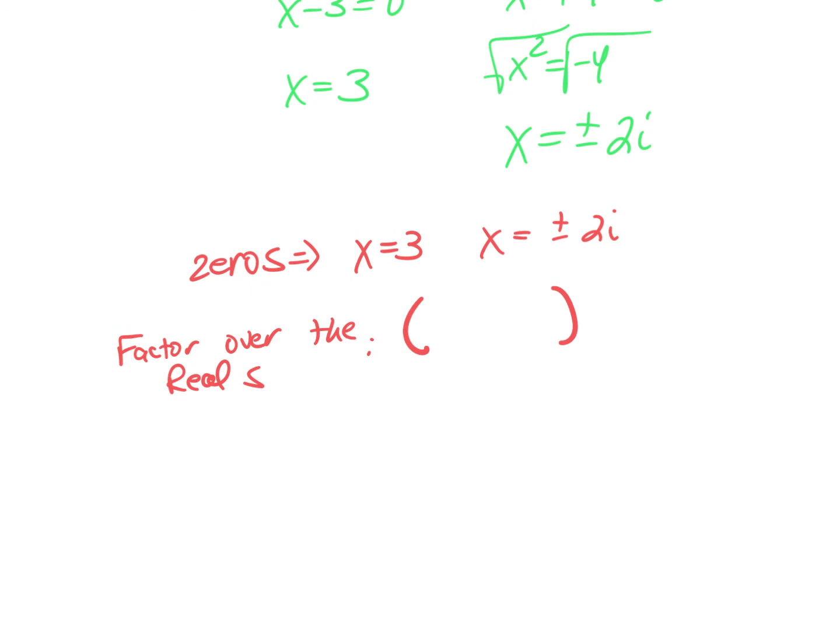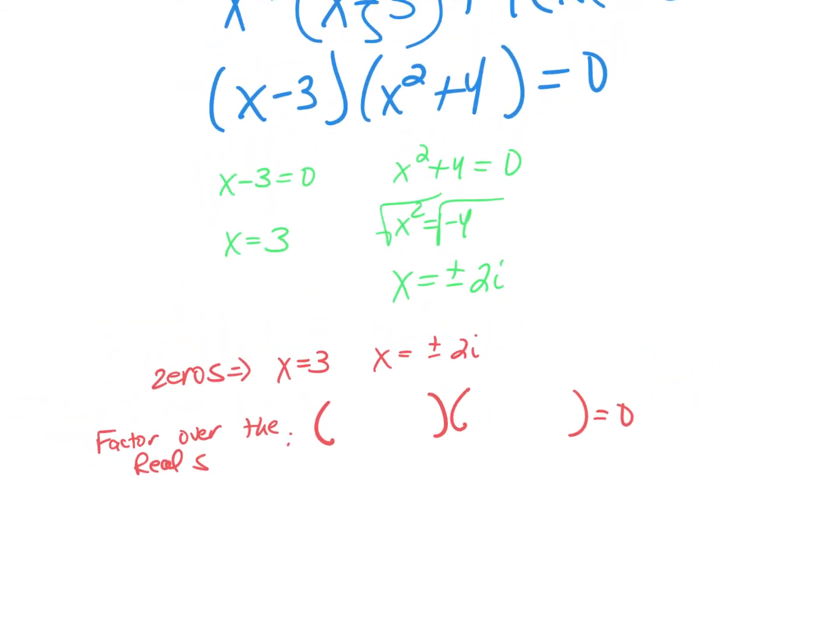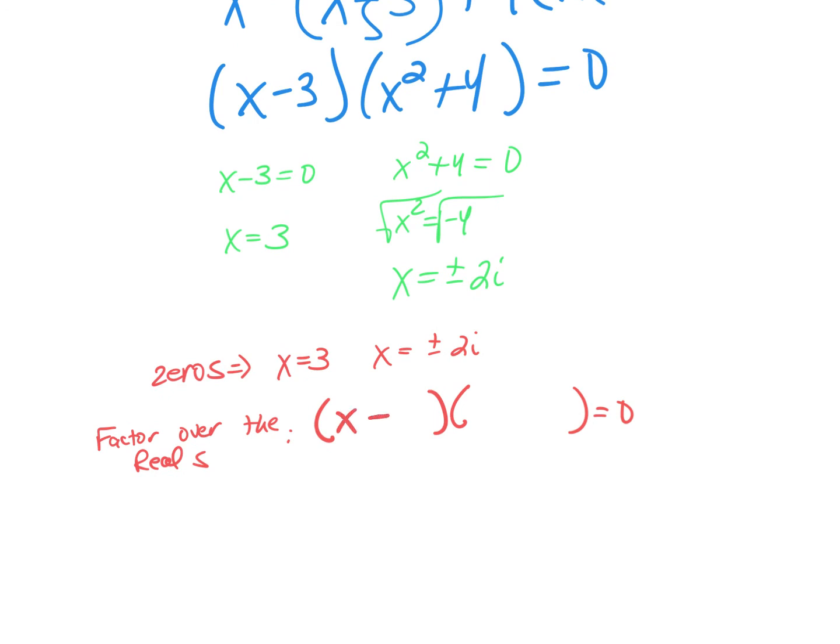They're asking you to factor over the reals. That means you don't want any i's in your answer. So if I factor over the reals, what do my two parentheses look like? X minus 3. And what does the other one look like? I don't have any i's in it. X squared plus 4. Good job, guys.